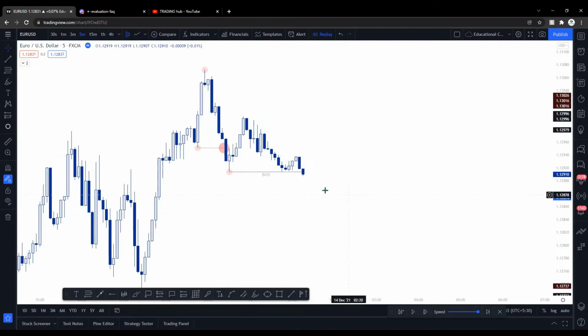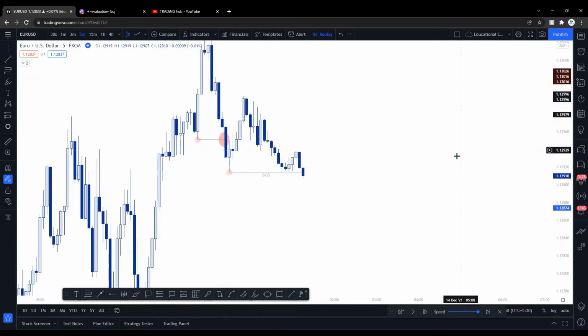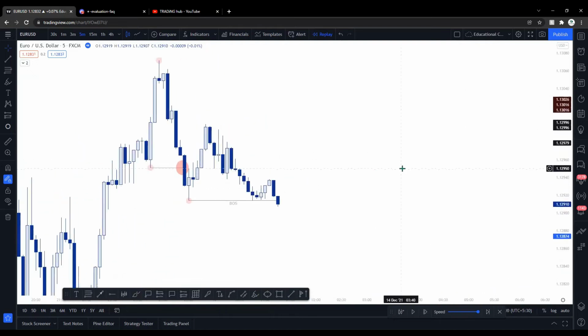In this entire zone, you have to identify where the order block is. You can see this one is the last buying momentum before the sell, and this one is already mitigated by this move. The next candle before the drop is here, because there is an imbalance also, and it is the last buying candle before the drop.